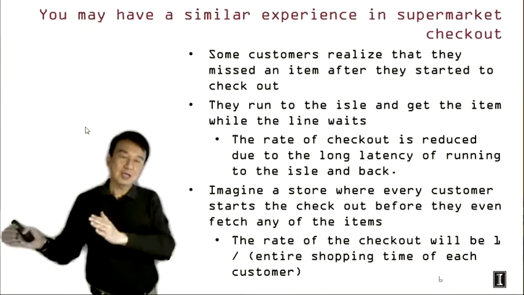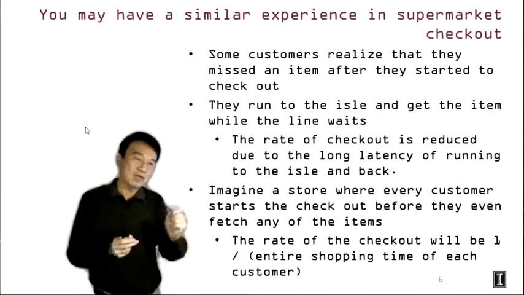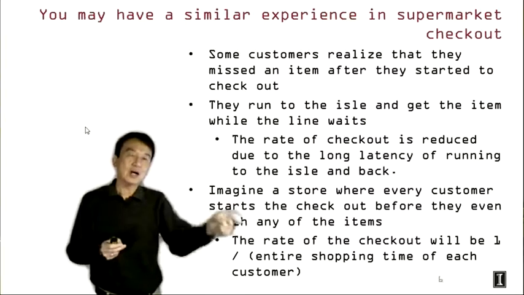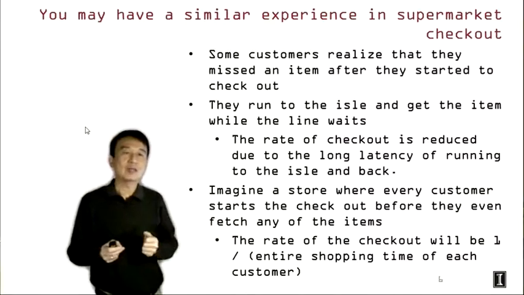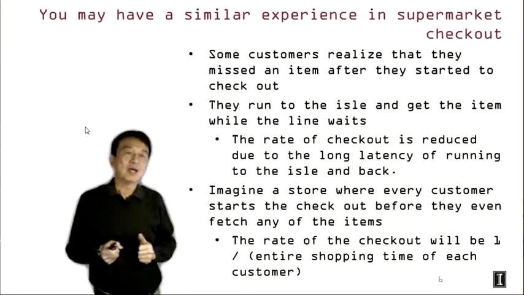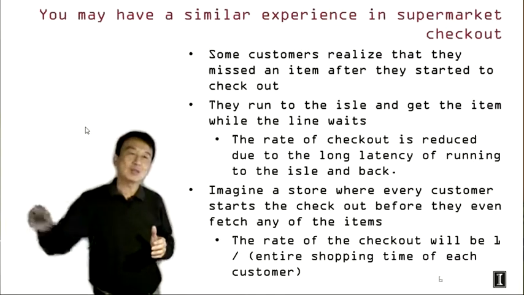Let's say they're in line, and when they reach the beginning of the line and the clerk starts to check out the items, they say, "Oh, I forgot to pick up that juice that I'm supposed to buy." So the customer will run to the juice aisle and pick up a juice.